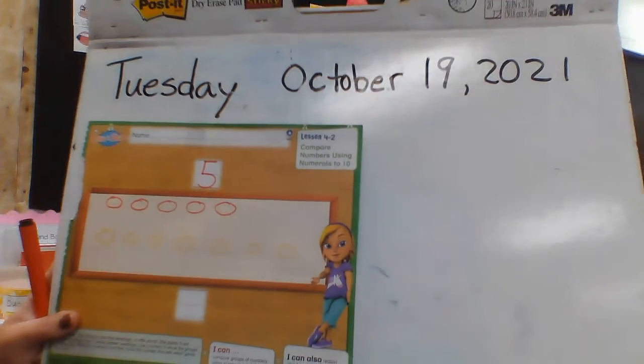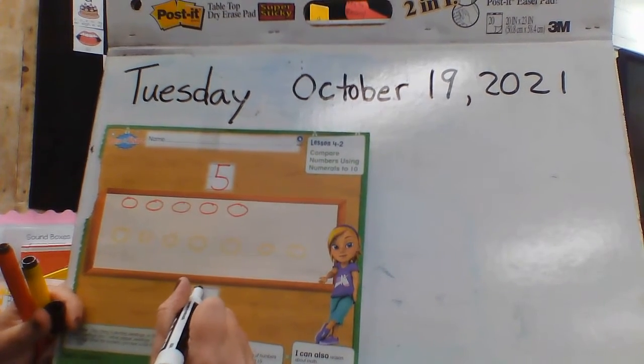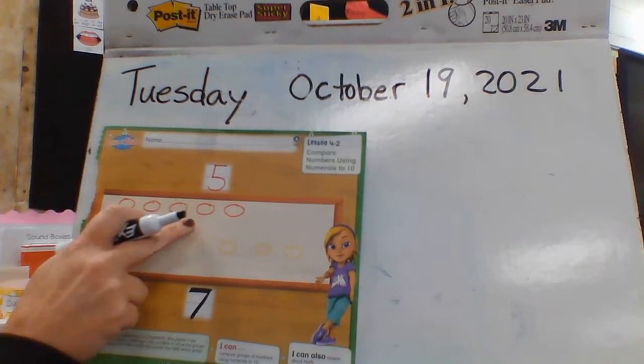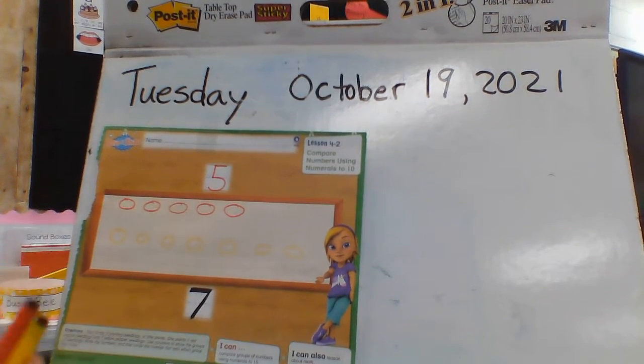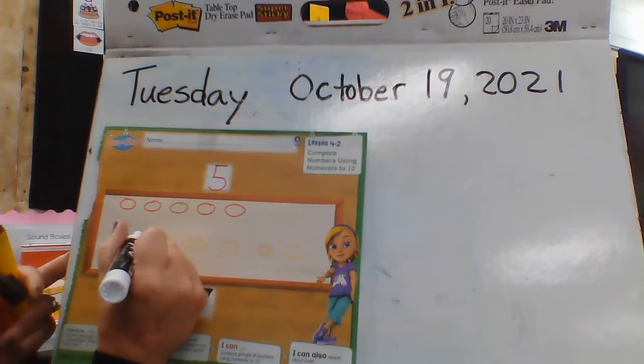I have 7 yellow. And then I'm going to write 7 right here. Okay, so I have 5 red, 7 yellow. And I know it's kind of hard to see the 7, so I'm going to go over that yellow with my black.